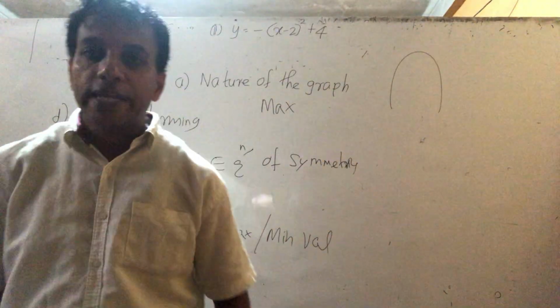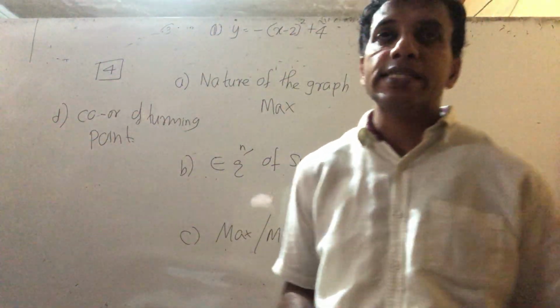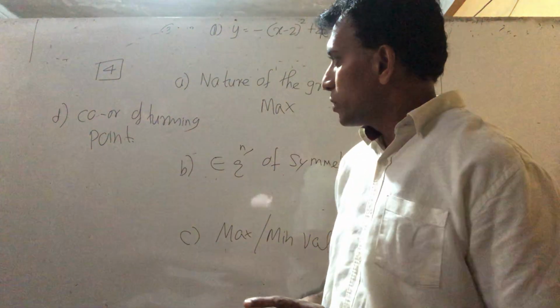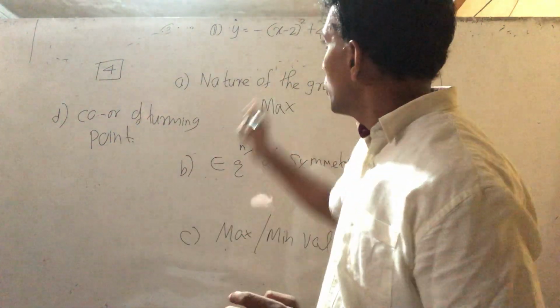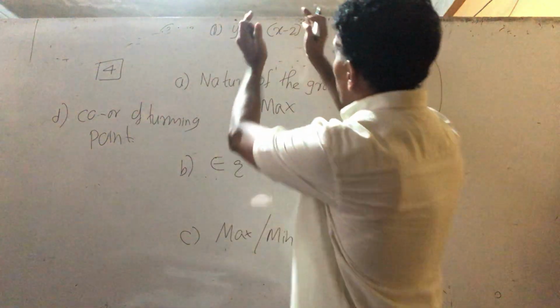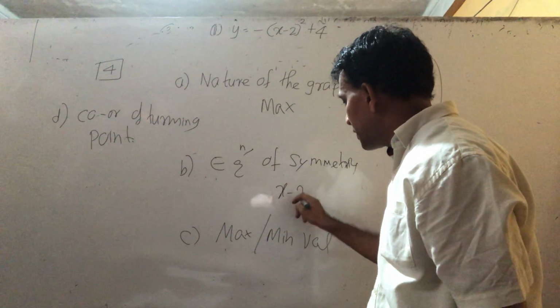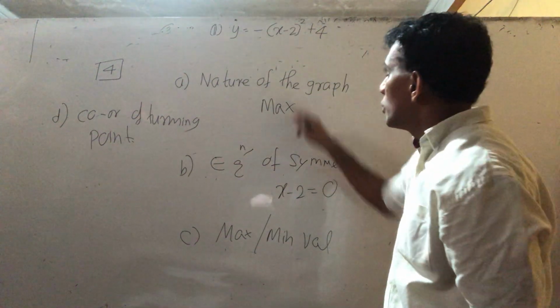Next, B part, equation of the symmetric axis. Give the symmetric axis equation. As I mentioned many times, this also uses the completing square form. So make the bracket equal to 0: x minus 2 equals 0.